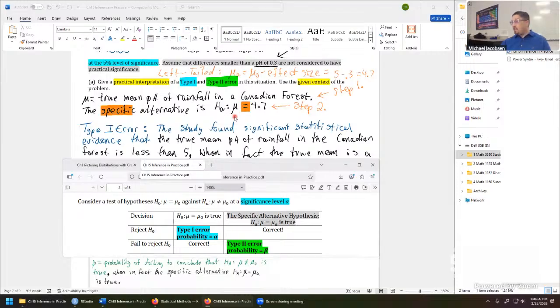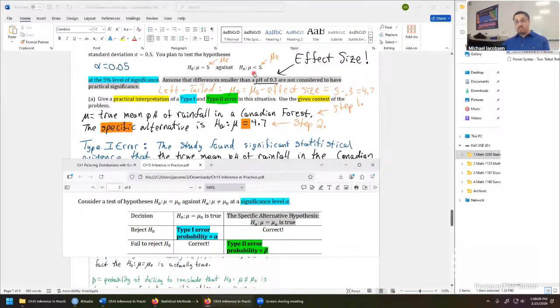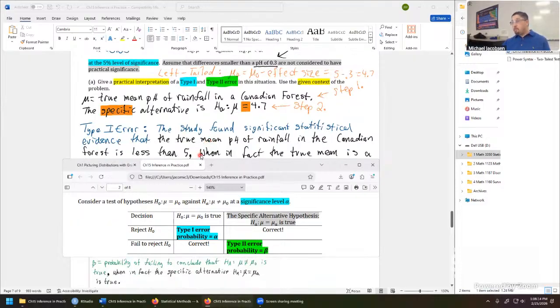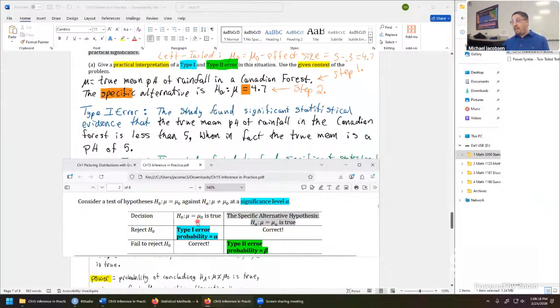We must have got a small p-value. So we've rejected the null hypothesis. We found significant statistical evidence that the alternative up above here is in fact true. The mean is less than 5, but that's not the reality of the population. We made that decision when in fact the null hypothesis was the actual reality. So we say here, when in fact the true mean is actually a pH of 5. The 5 was what we had here in our null hypothesis, and that's what we wrote out here.